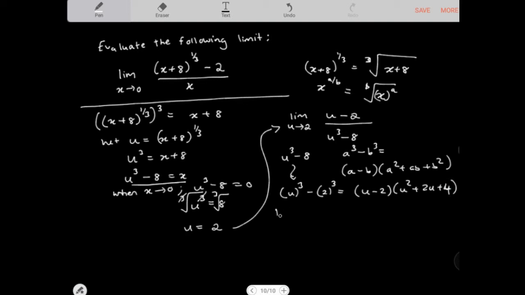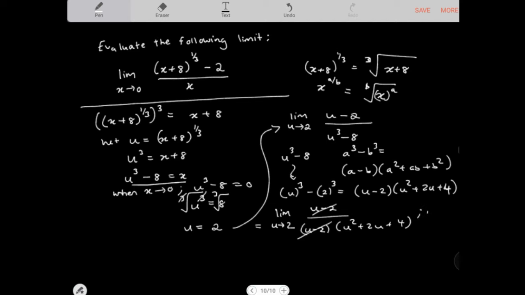Now I'm going to plug the factored form into my expression. So you get u minus 2 over u minus 2 times u squared plus 2u plus 4. You can see that these two will cancel out, and the denominator doesn't have a restriction anymore.